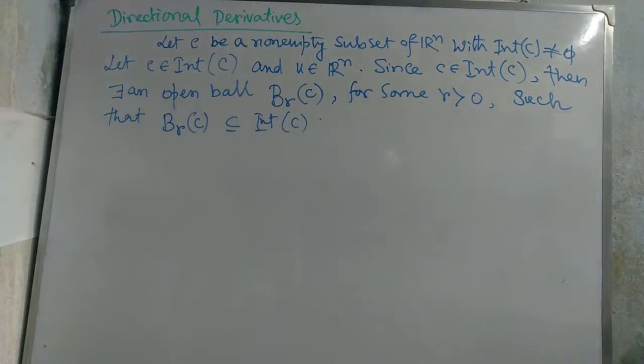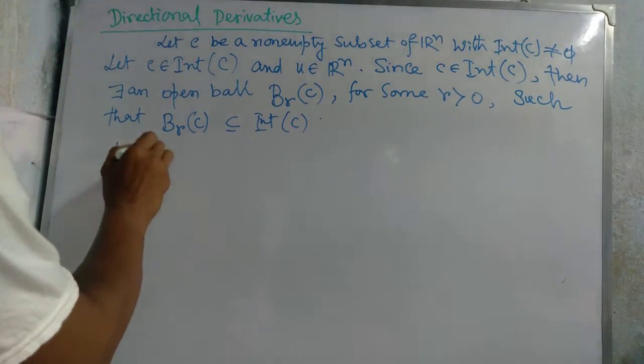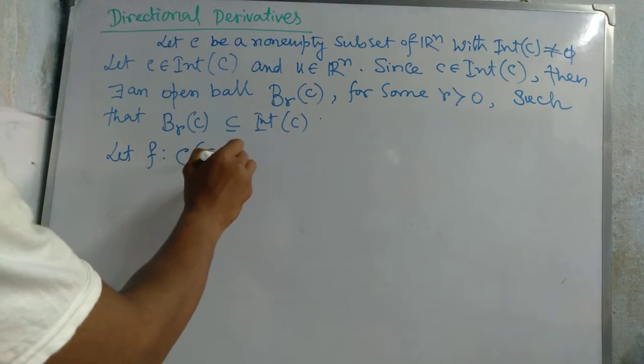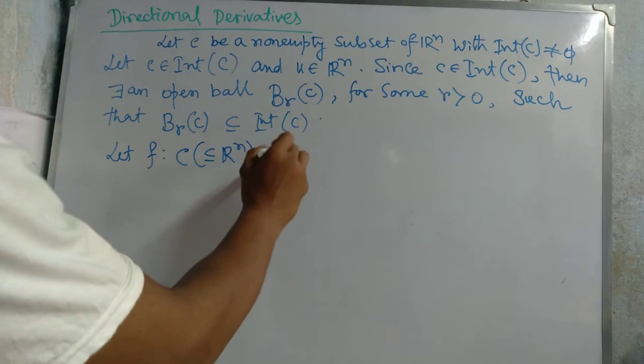Let C be a non-empty subset of Rn with interior of C not equal to phi. Let c belong to interior of C and u belong to Rn. Since c belongs to interior of C, there exists an open ball B_r(c) for some r greater than 0 such that B_r(c) is a subset of interior of C. Let f from C subset of Rn to R be a function.